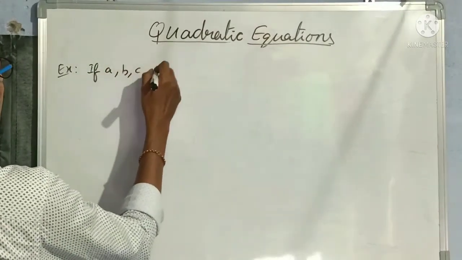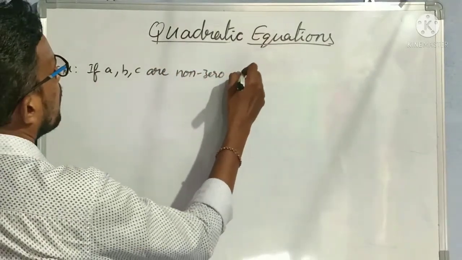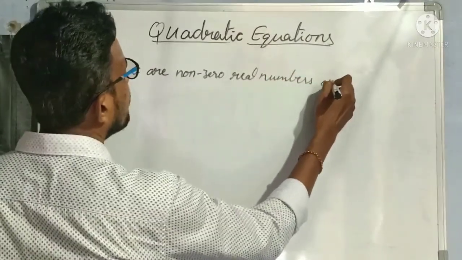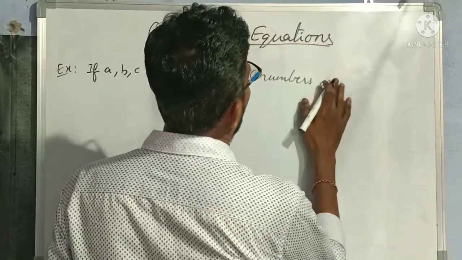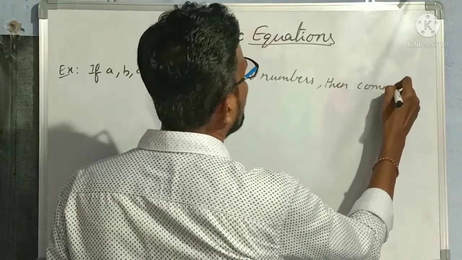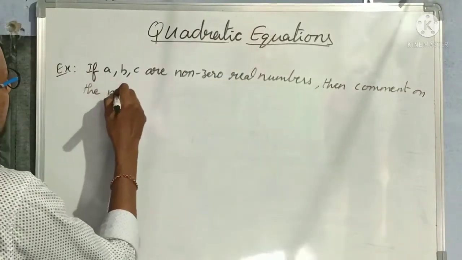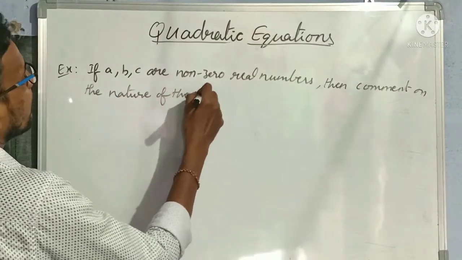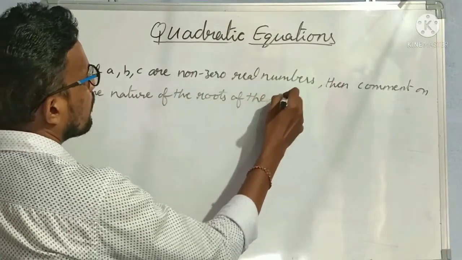If a, b, c are non-zero real numbers, then comment on the nature of the roots of the equation.